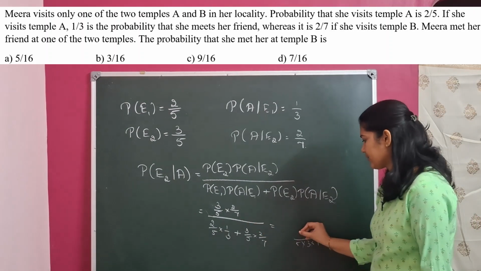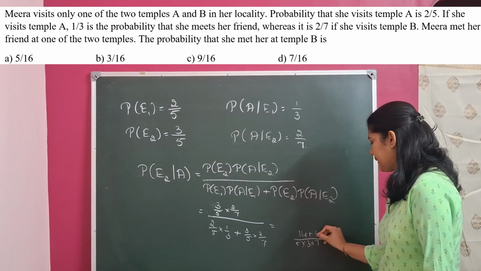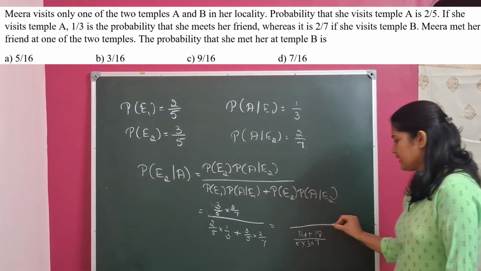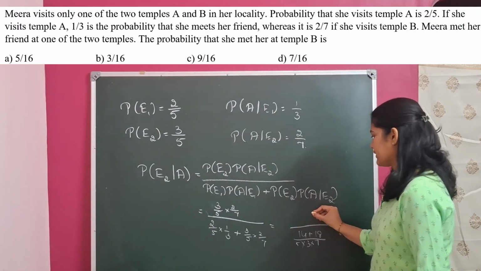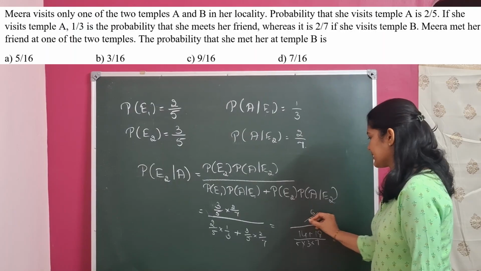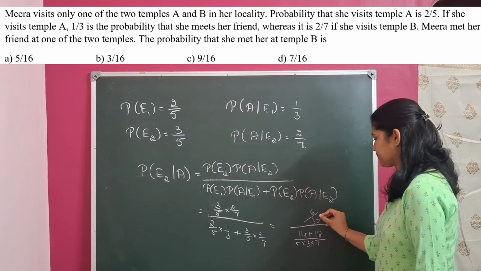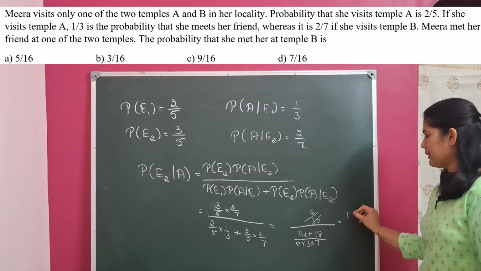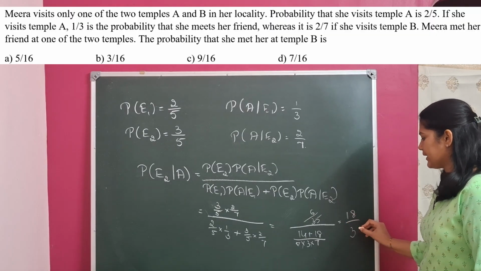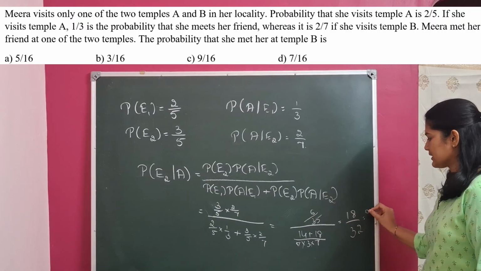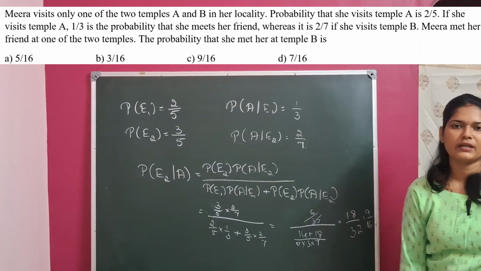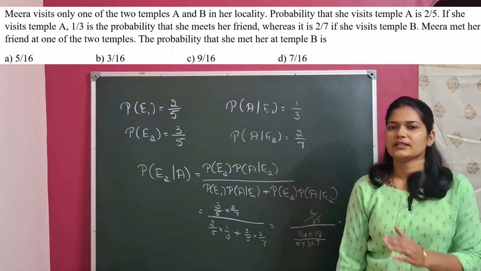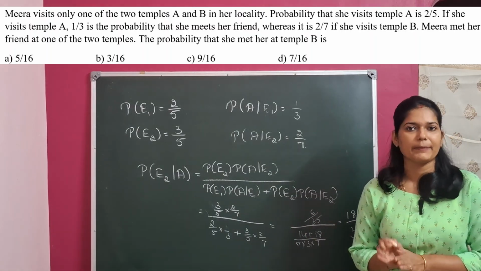So the numerator will be 14 plus 18 in the denominator, and 6 by 35 in the numerator. If we cancel the term and simplify, it will be 18 divided by 32, which is nothing but 9 by 16. That is option C. This is a problem related to the Bayes theorem.